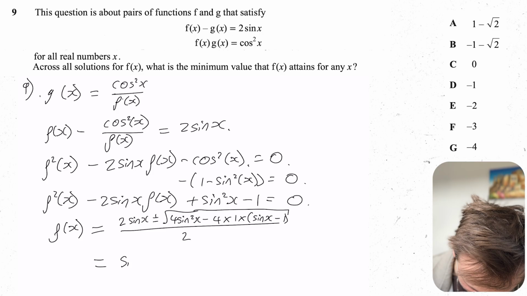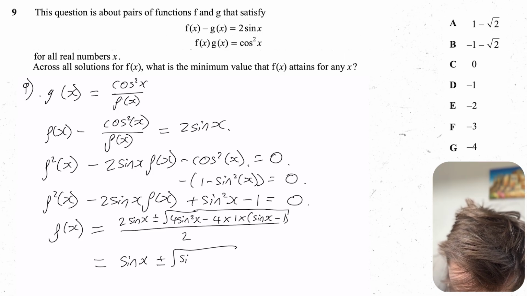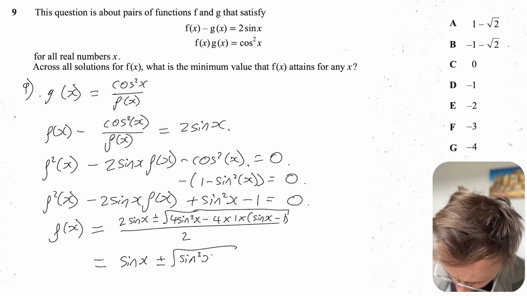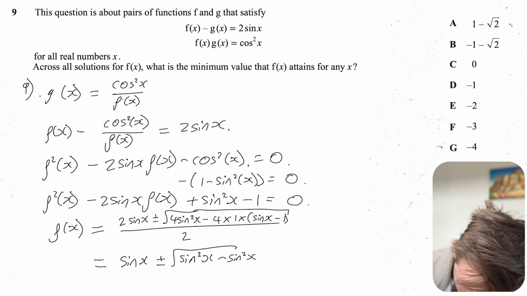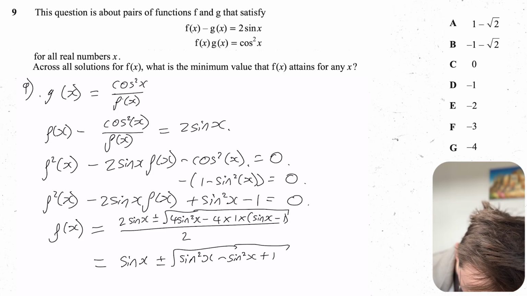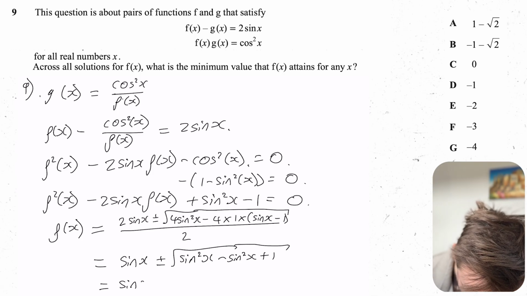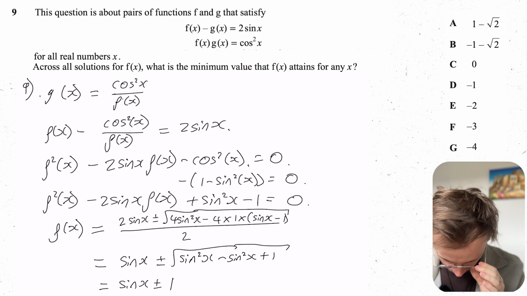It's equal to sine x plus or minus the square root of, divide everything by 4, sine squared x, 2 ahead of myself, 2 sine squared x minus sine squared x plus 1, which is equal to sine x plus or minus 1, which is what we saw previously.